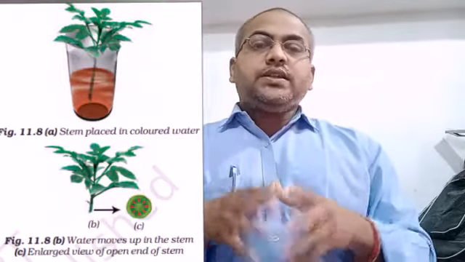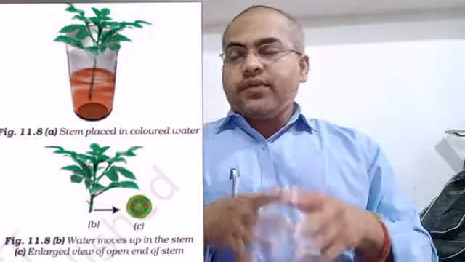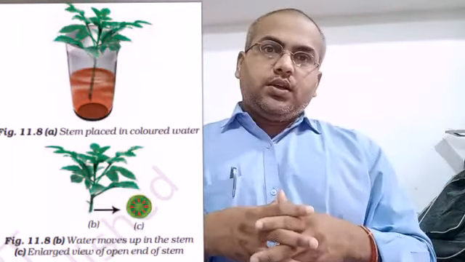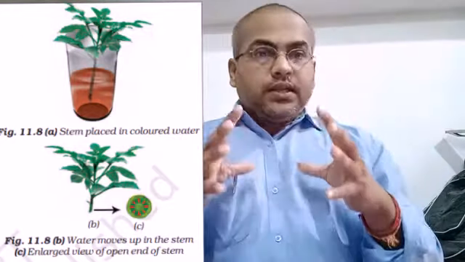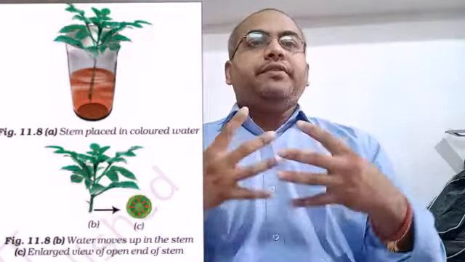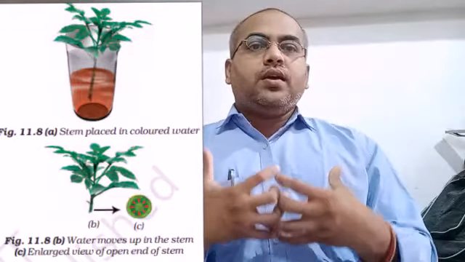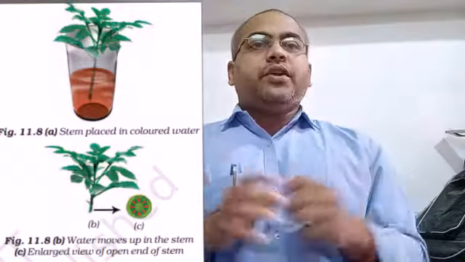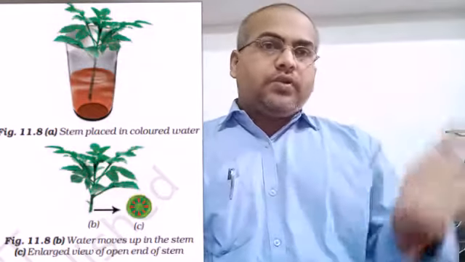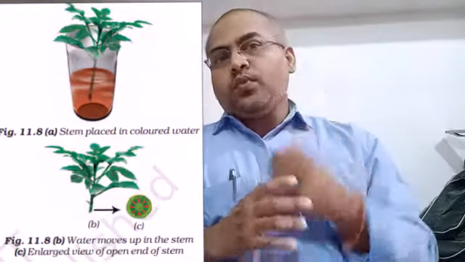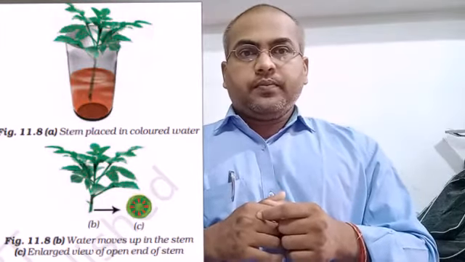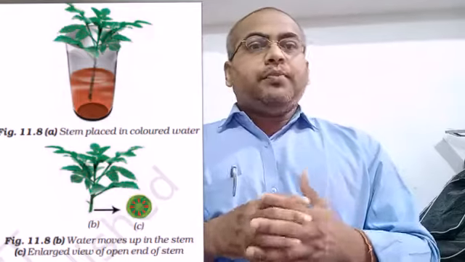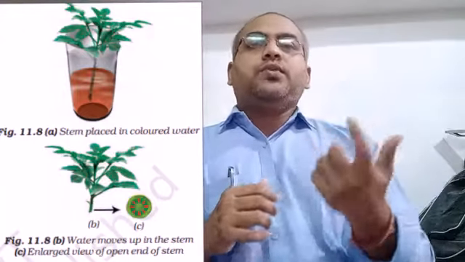So in this way the process of transportation occurs in a plant, and by this activity we understand how xylem forms a continuous network of channels throughout the plant and transports water and nutrients. And after the preparation of food, phloem will transport the food in the entire plant.